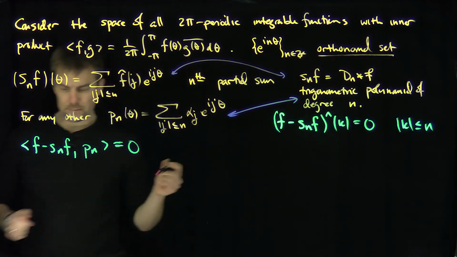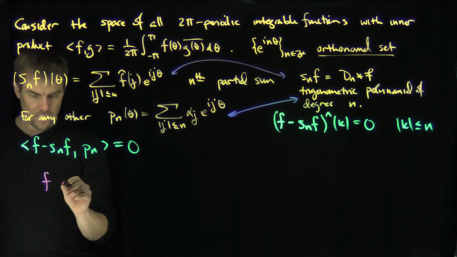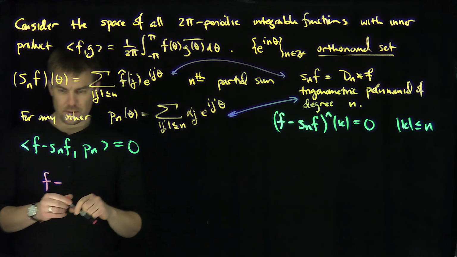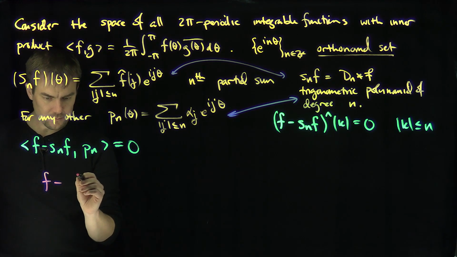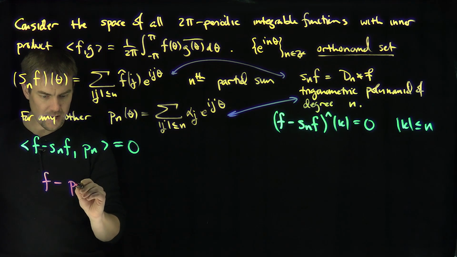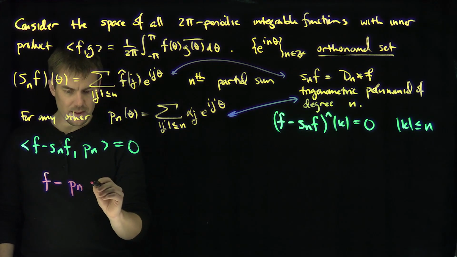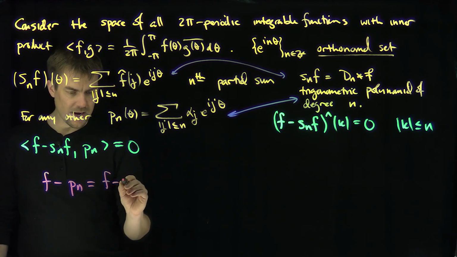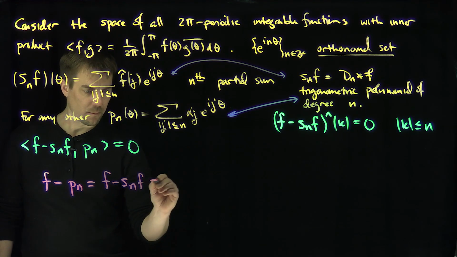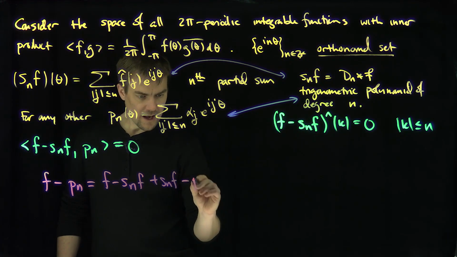So now let me consider f minus P n, the sum of this polynomial over here. Well, this is equal to f minus S n f plus S n f minus P n.